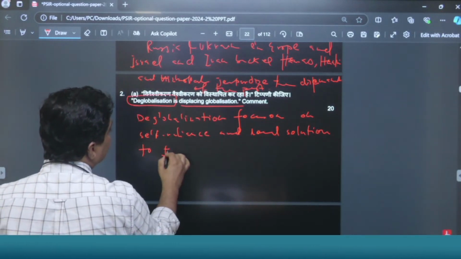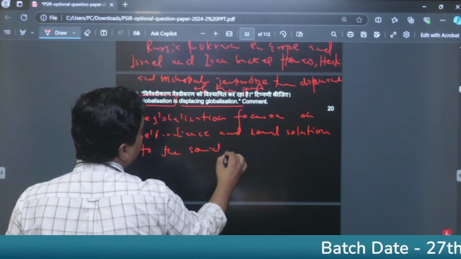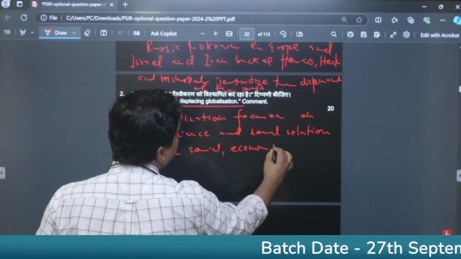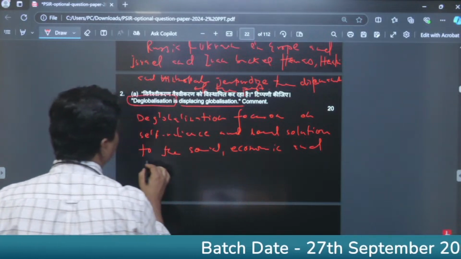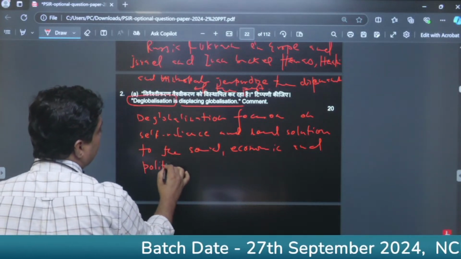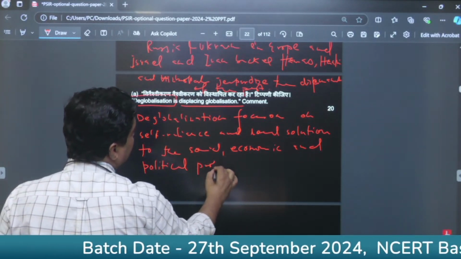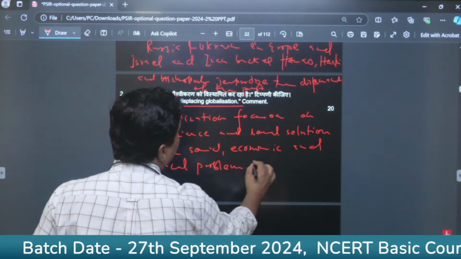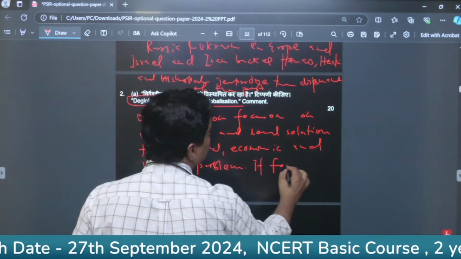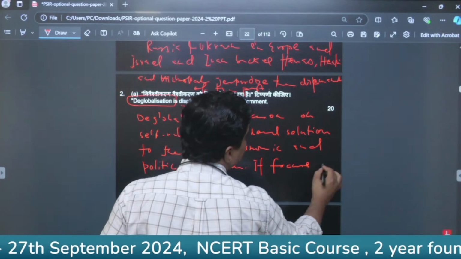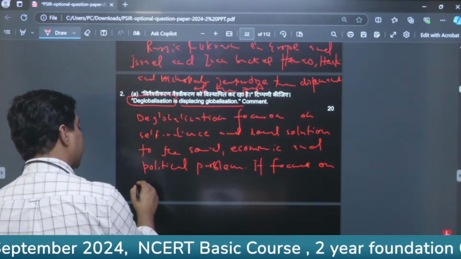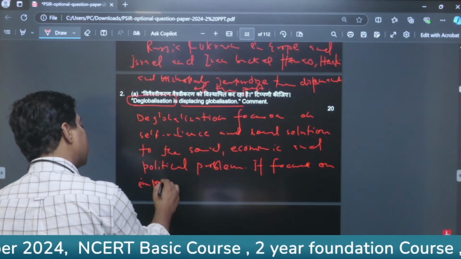It focuses on the importance of the nation state.